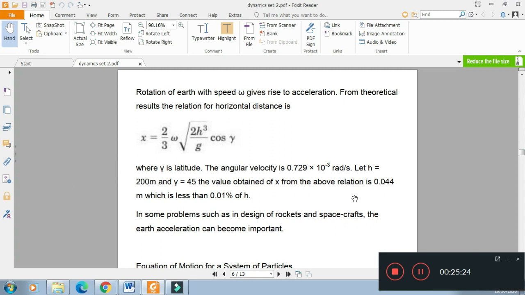So the object falls from a height of 200 meter, but there is a horizontal shift of 0.044. This means there is a difference of 0.01%. So there is a horizontal shift of 0.01% when the object falls from a height to the surface of the earth.